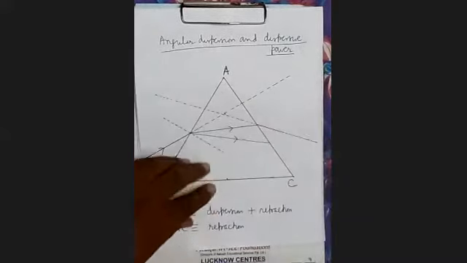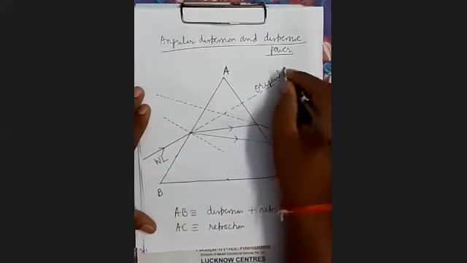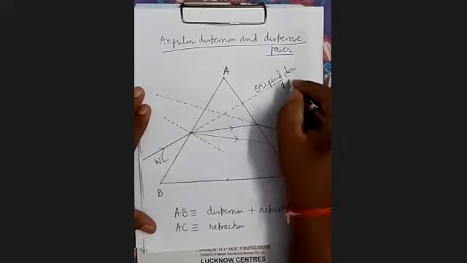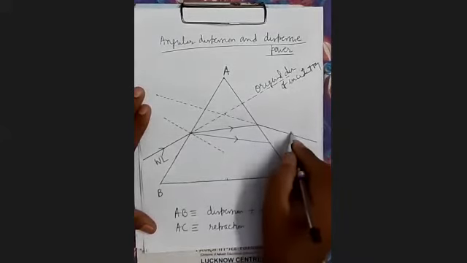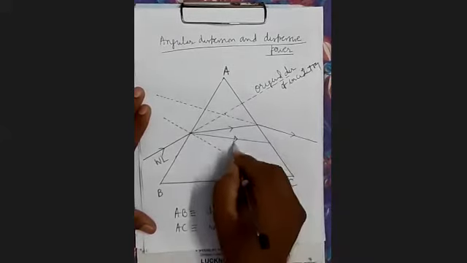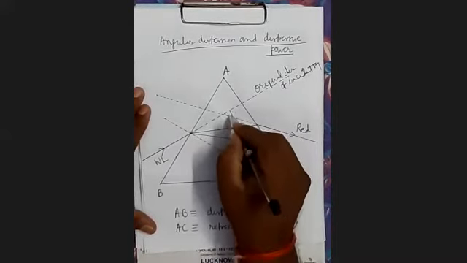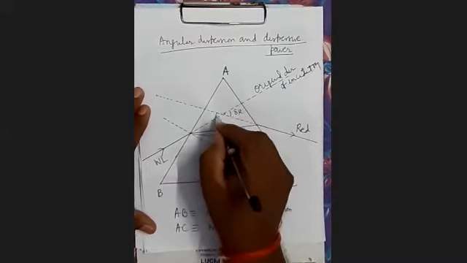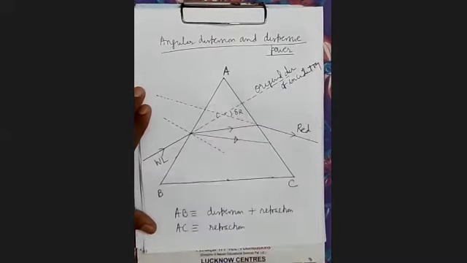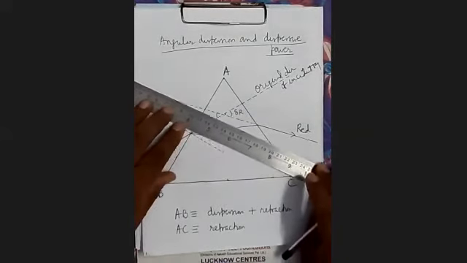So you can see here, this is the original direction of the incident ray, and this is the red color. It's clear. This is the angle of deviation for red color, and this angle will be equal to this. Why? Because they are vertically opposite.